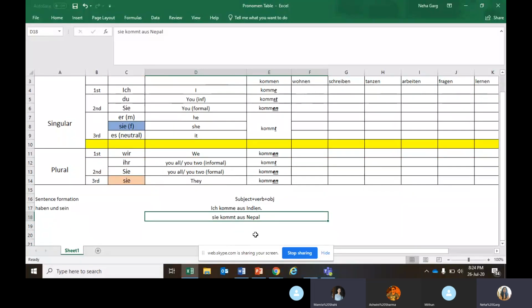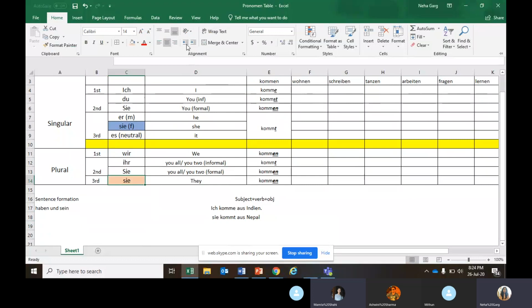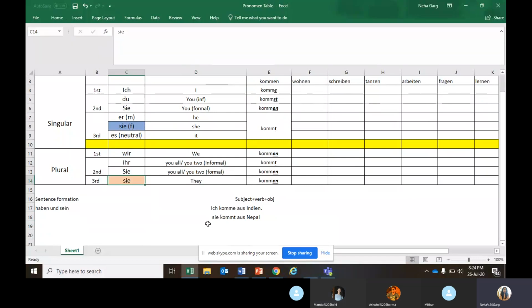But again, if I'm using this pink highlighted plural form and say I am talking about Ashwini and Aishwarya, there are two people, third person.